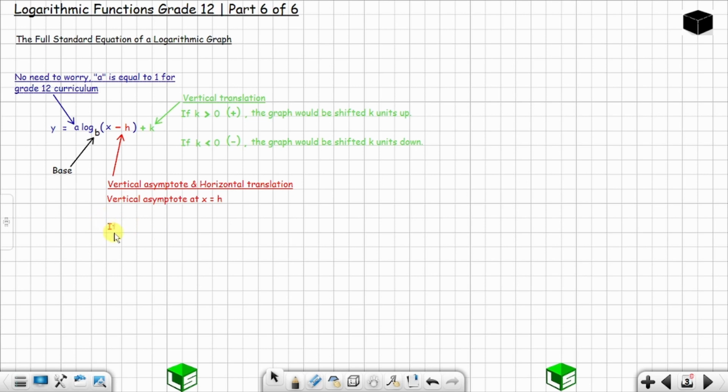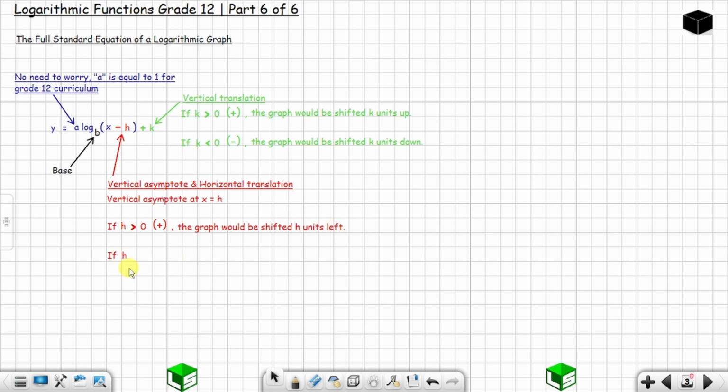Now, if h is greater than 0, meaning positive, then the graph would be shifted h units to the left.